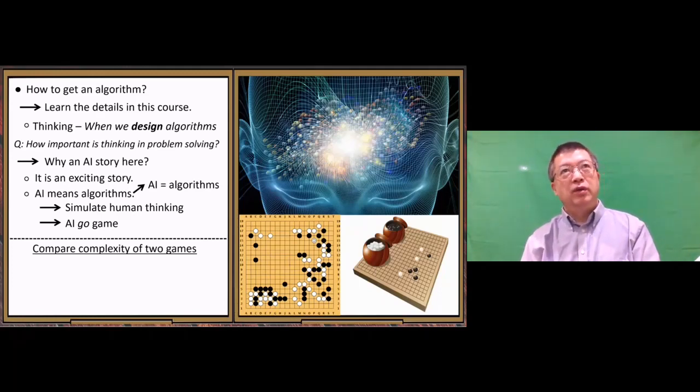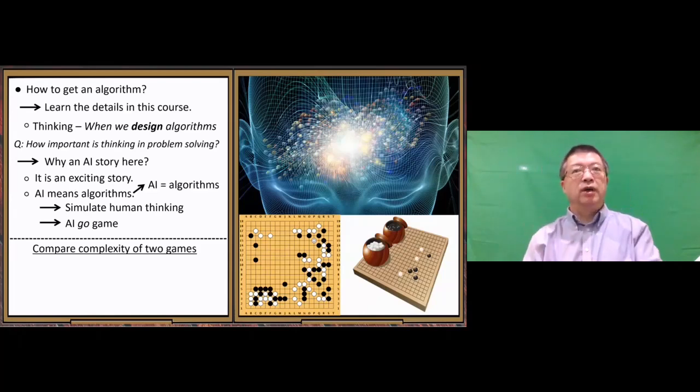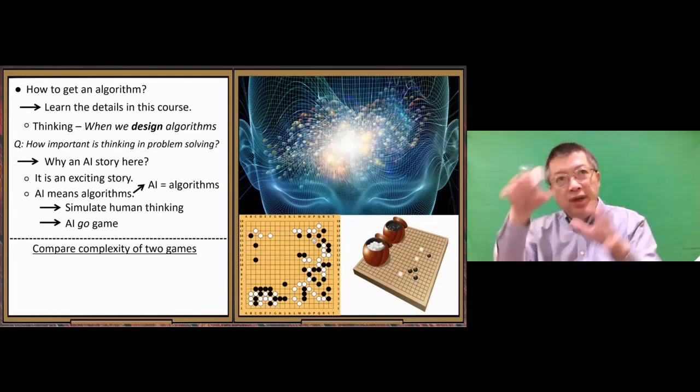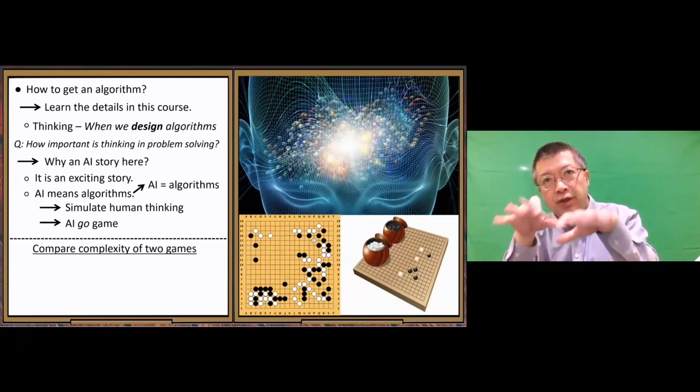How to determine the winner and loser? The one who occupies more territory on the board. There is a certain way to calculate the points controlled by the stones.